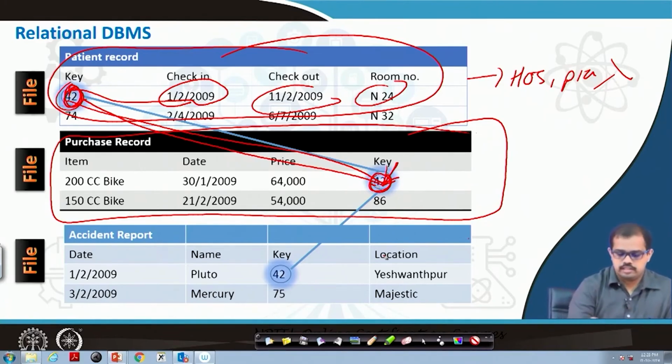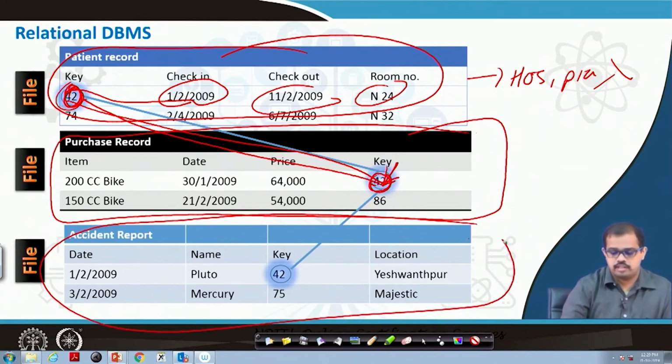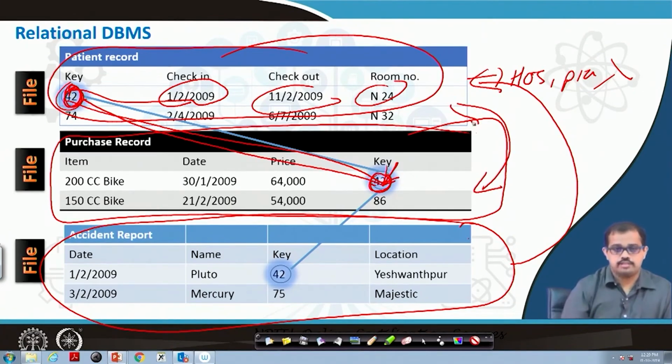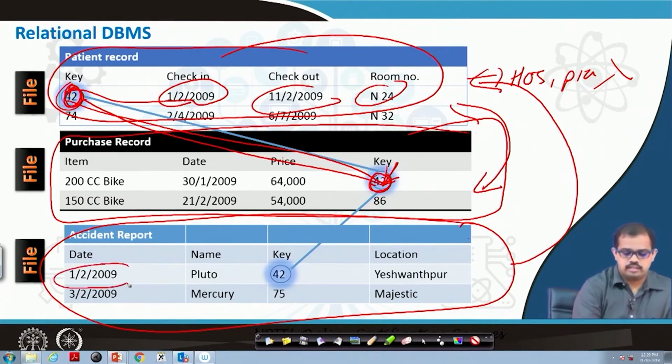So for example, a police inspector may get access to this particular table along with this particular table, whereas a manager in the hospital who is looking at management records may get access to these two things. The police will look at the same key here, which is 42.